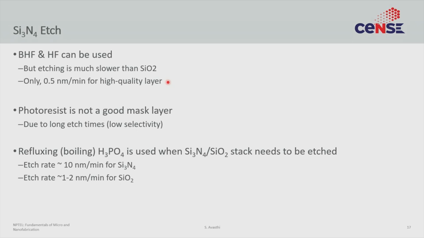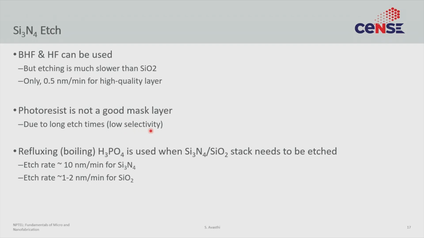It turns out photoresist is not a good masking layer, and the reason for that is the very long etch times. The etching rate is so slow that for practical cases, the etching times tend to be very long, and for those very long etch times, the photoresist does not hold up very well, and that leads to problems.